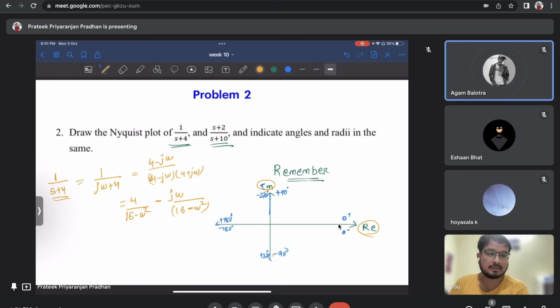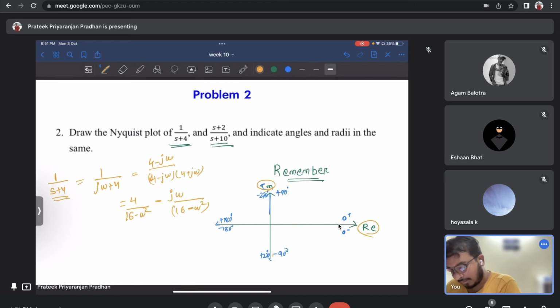So now in frequency, what you will do, always two points: low frequency, high frequency. So when omega tends to 0, I will write the magnitude.